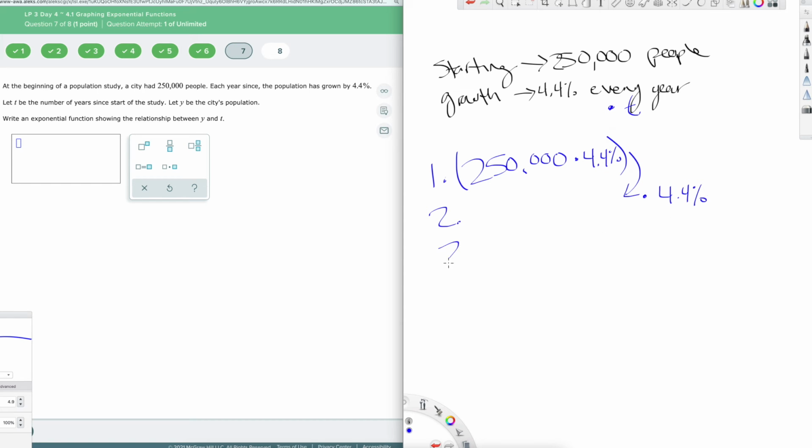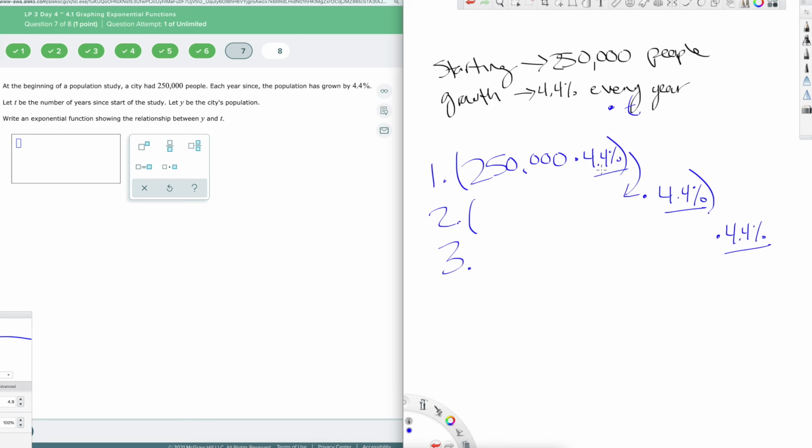Year number 3 would be this entire amount times another 4.4%. If you notice, each time I include the last one. So every year there's another 4.4%.